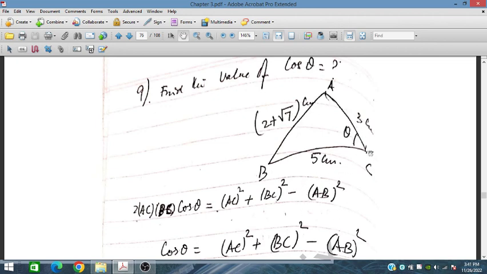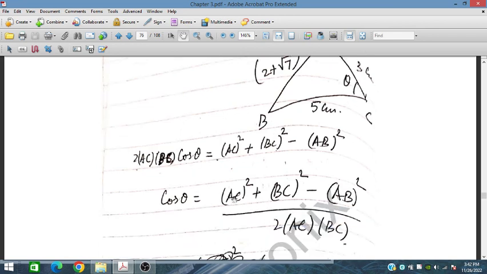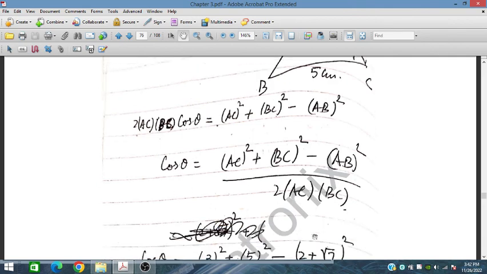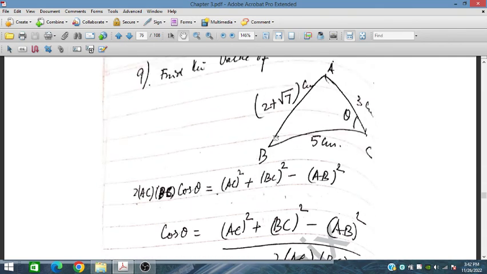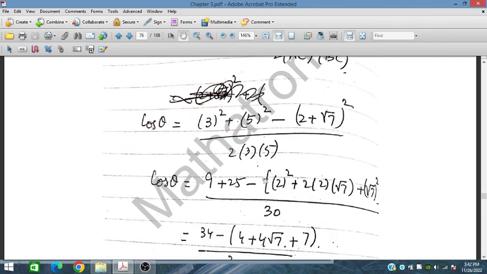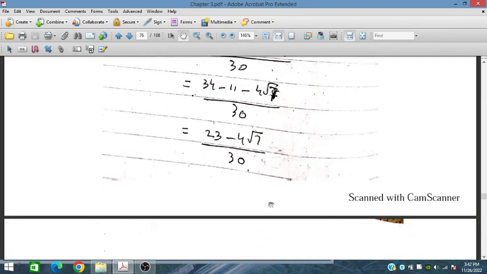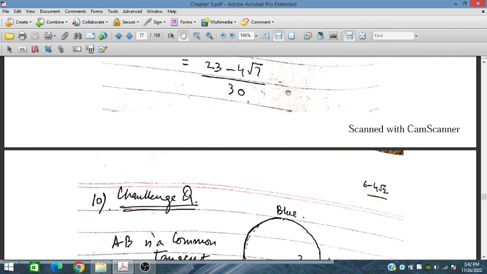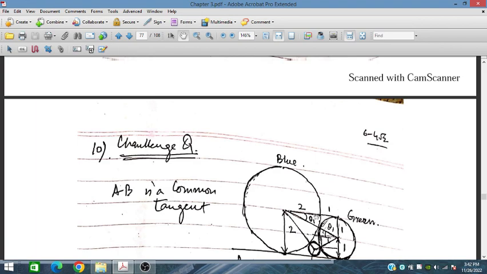The adjacent, touching sides always give a square plus a square, and the opposite side, the angle opposite, is always subtracted. And on the right hand side we have this side and this side with cos theta and 2. So this cos theta is equal to this one. This is a simple formula, and we plug in the values and obtain the results. On simplification we have obtained this kind of result. So this is important. Now we are going to solve some very challenging problems.